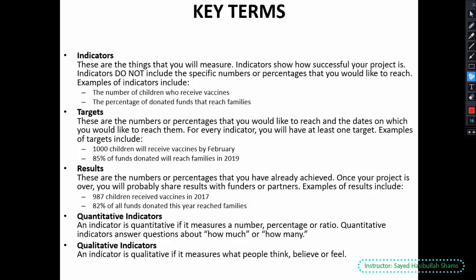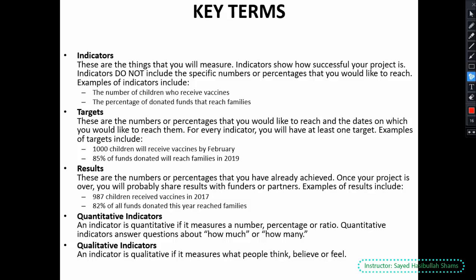One of the things that we measure in the project or in the activities is called an indicator. Indicators are measured by different norms and methods. Here we have two examples.